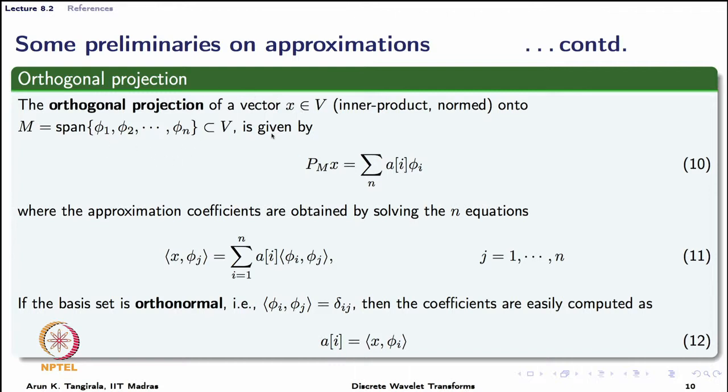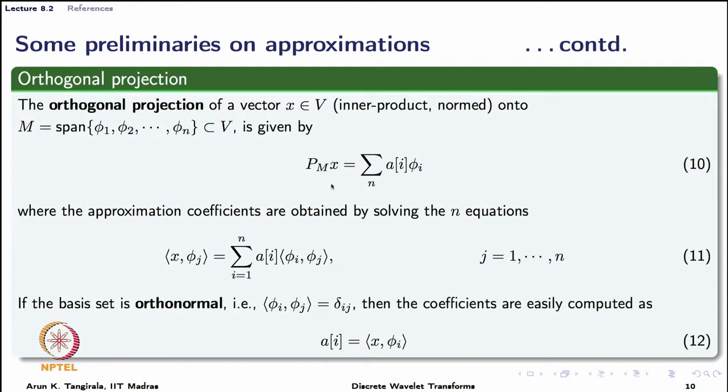In general, x lives in some space and we are projecting it onto a lower dimensional subspace M, which is spanned by these basis functions. Recall in unit 2 we had given some basic definitions of linear algebra, what is a span, what is a basis and so on. Then the orthogonal projection is nothing but a linear combination of the basis functions, with the coefficients of the linear combination derived from the signal.